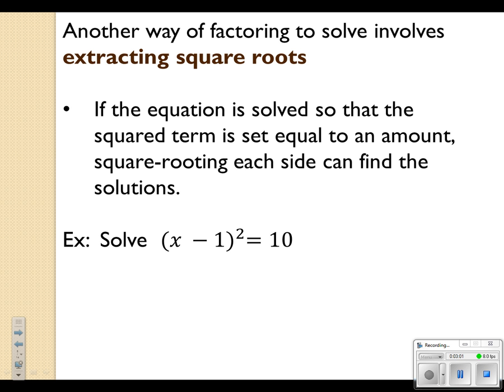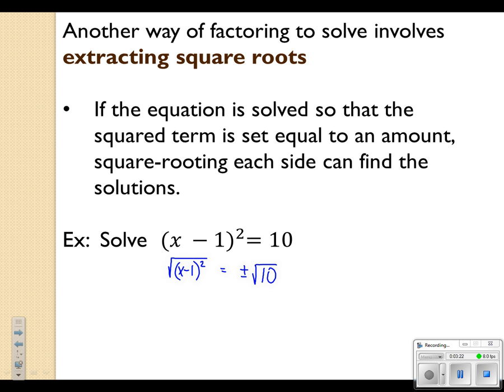Notice how the left-hand side is a squared variable term, and then the right-hand side is 10. If I took the square root of the left and the square root of the right, now remember, for every positive number there's going to be a positive root and a negative root, so we need to include them both. I can solve for x this way.